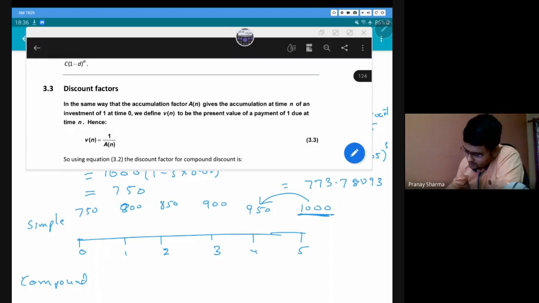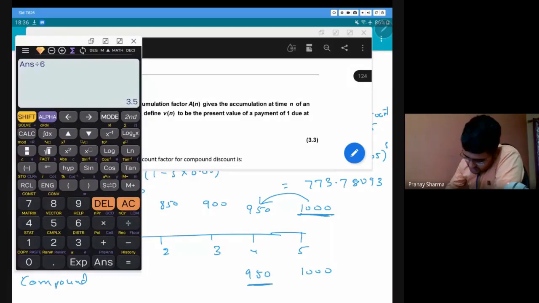When we talk about compound, in the first year we'll have the exact same discounting, that would be 950, but then I will have 5% discount on 950, not on 1000. So next year it will be 950 into (1 - 0.05), that would be 902.5.